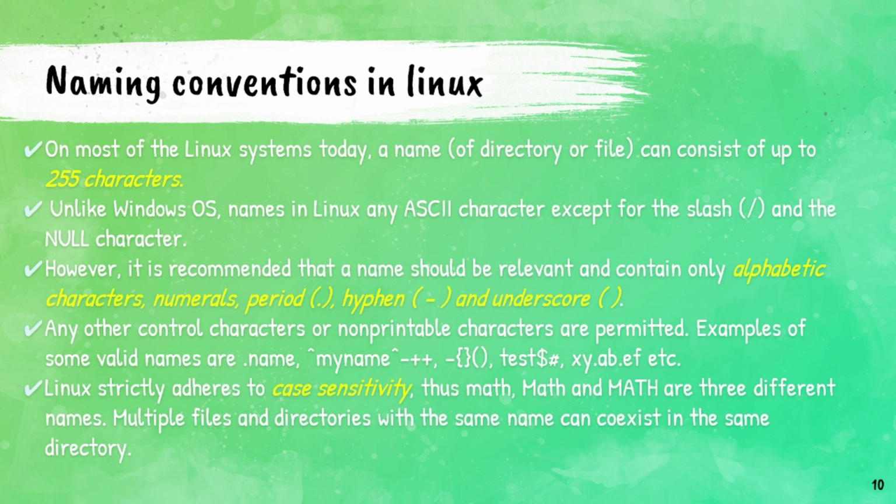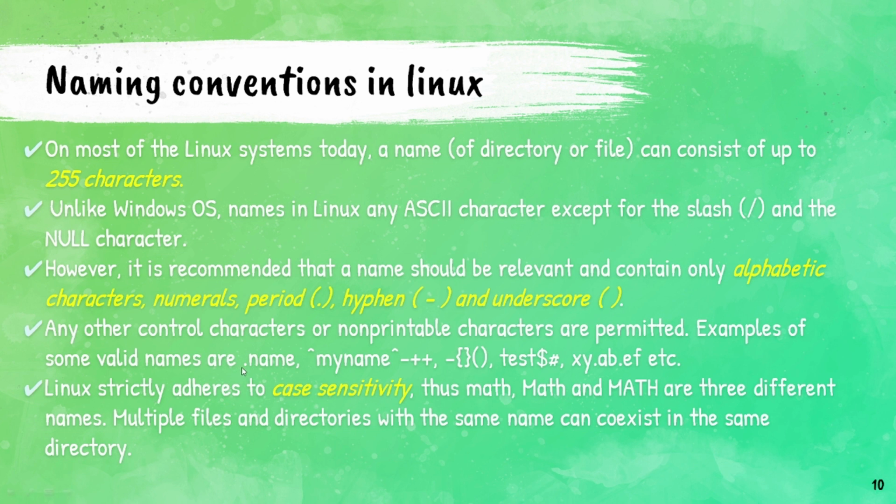We can use any alphabet character or number or period, you can say dot, mostly used for hidden files. We can also use hyphen, underscore instead of using any space between words in a file name. Any other control characters or non-printable characters are also permitted. As you can see, different examples here.